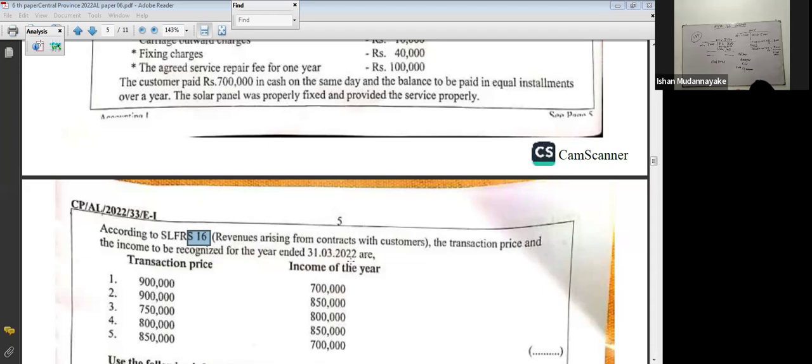revenue arising from contracted customers, the transaction price and the income to be recognized for the year ended 31st March 2022 are. What's the answer? I got one answer from Yunus. Transaction price, how much is the transaction price?